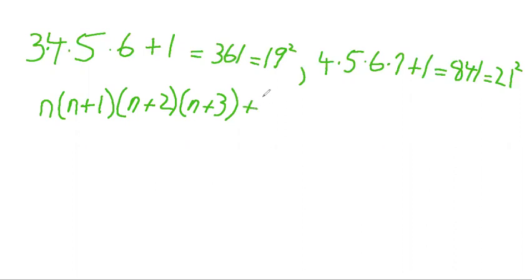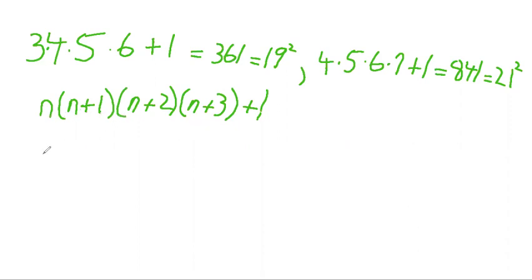Now this is exactly what we've been doing, except we're just dealing with an arbitrary starting point that's not named. So n plus 1, n plus 2, n plus 3, plus 1.